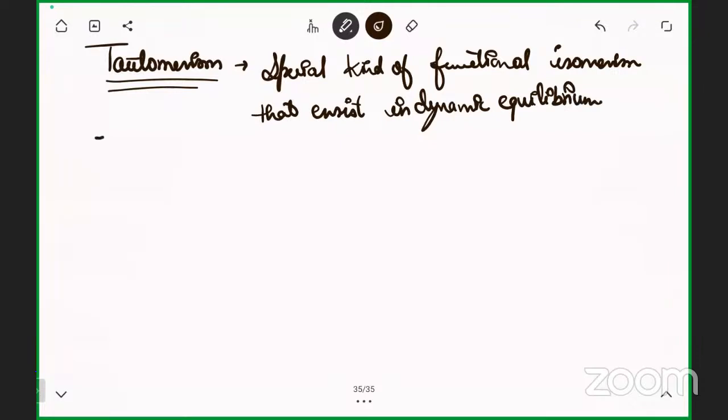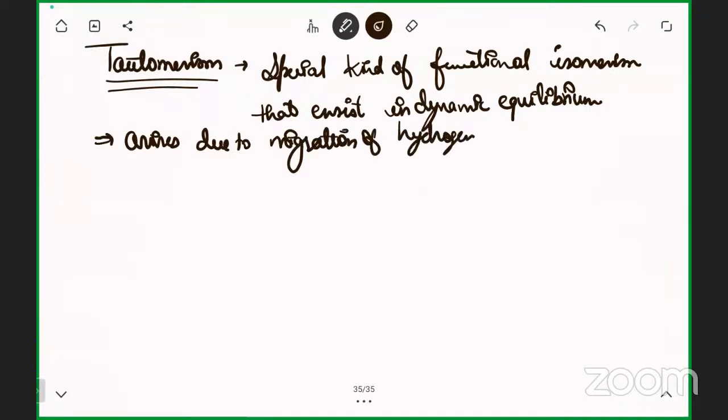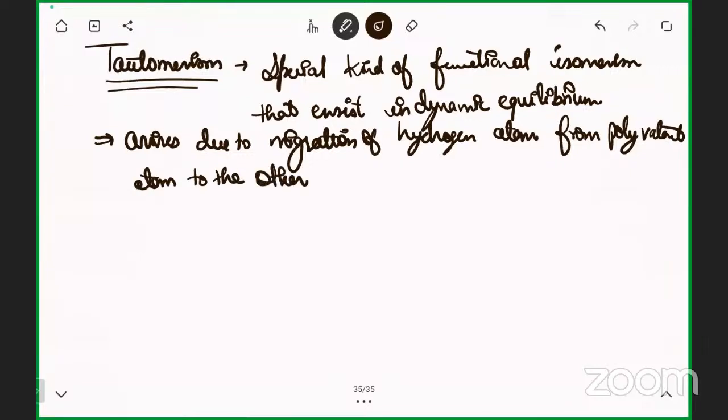Why does this happen? It arises due to migration of a hydrogen atom from one polyvalent atom to the other atom.